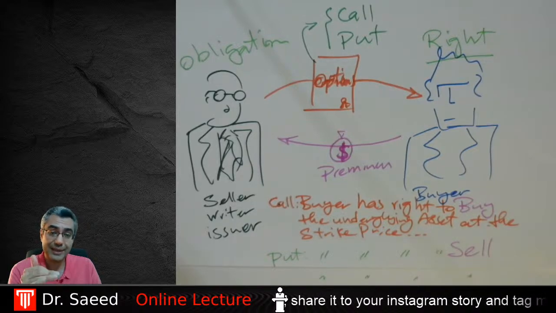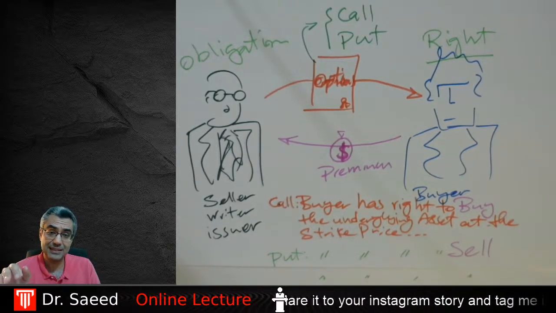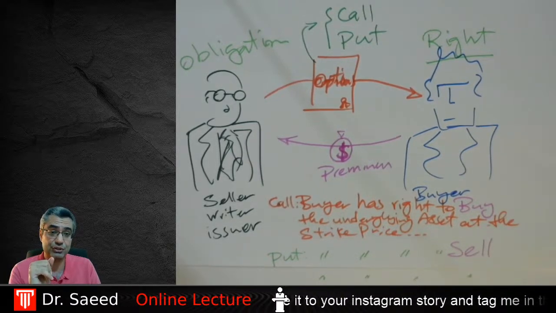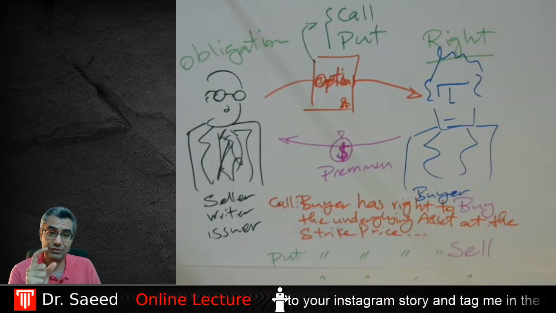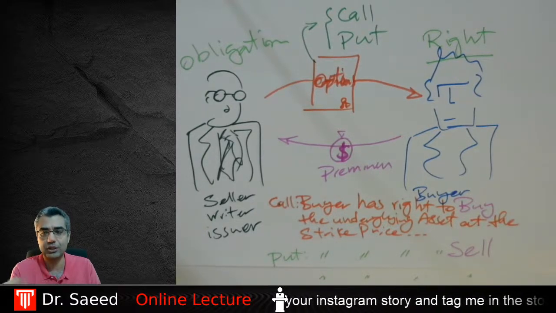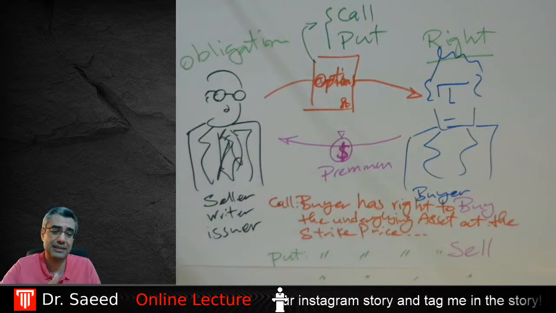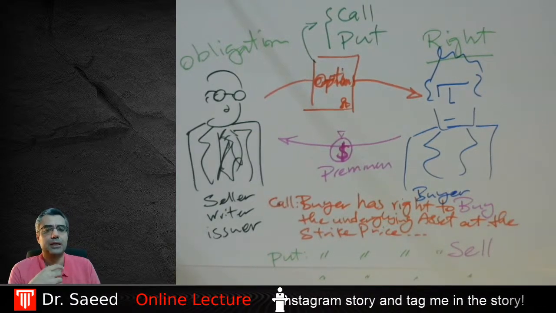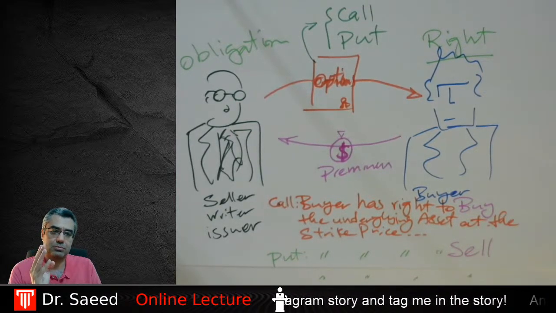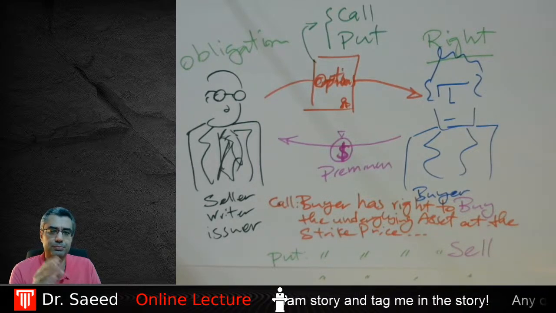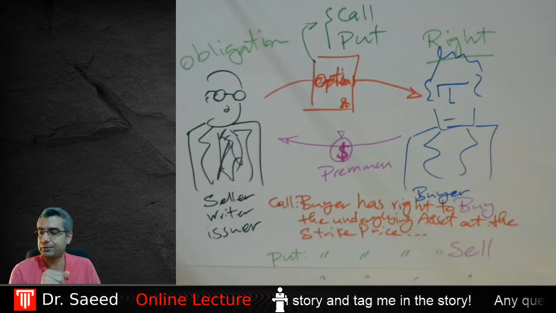So you buy at 50 ringgit per share from the seller and then sell it in the market at 60 ringgit, right? So you make 10 ringgit profit. But of course, you need to deduct the premium, because you paid something in advance to buy this contract. So the 10 ringgit profit minus the premium is your net profit.